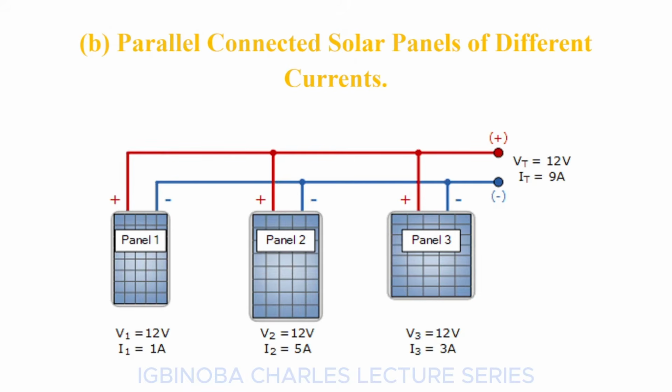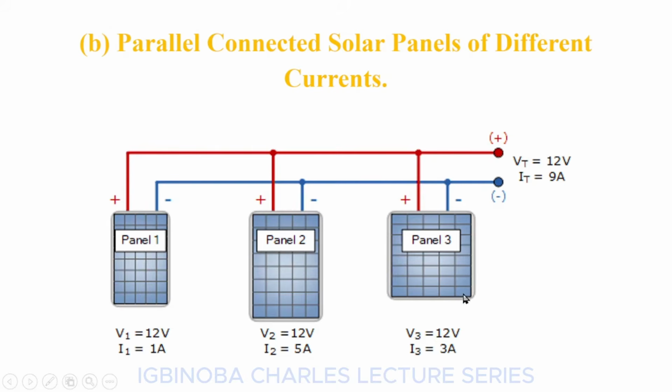Case number 2, parallel connected solar panels of different current. In this case, we can see that panel 1 has 12 volts, 1 amp, making a total power of 12 watts. Panel 2 has 12 volts, 5 amps, making a total power of 60 watts.